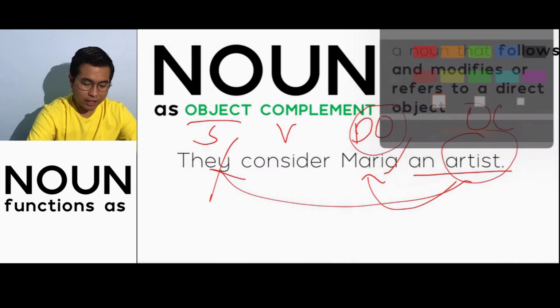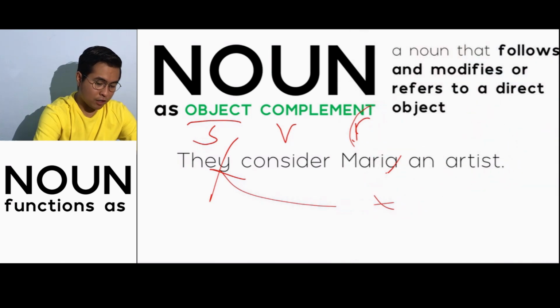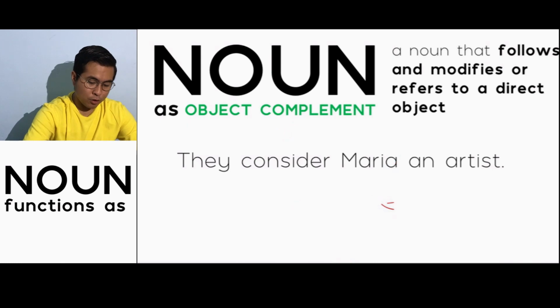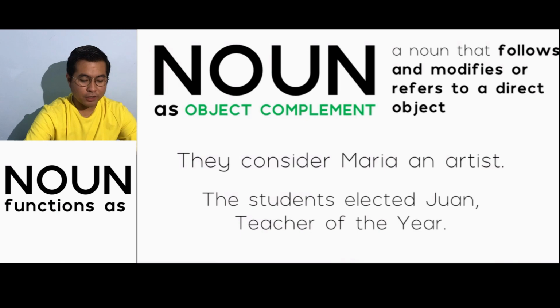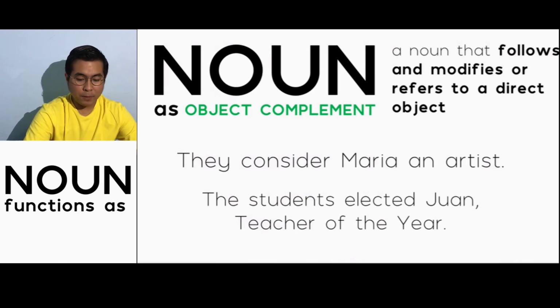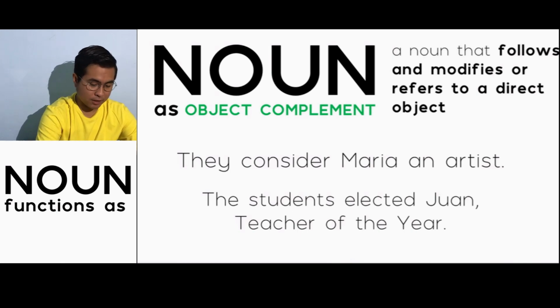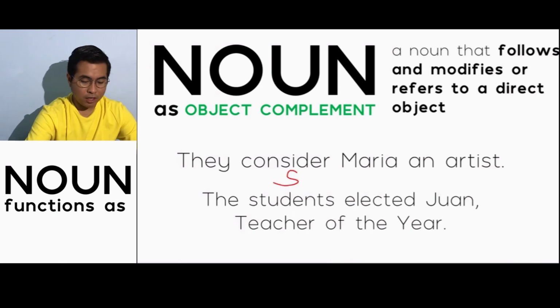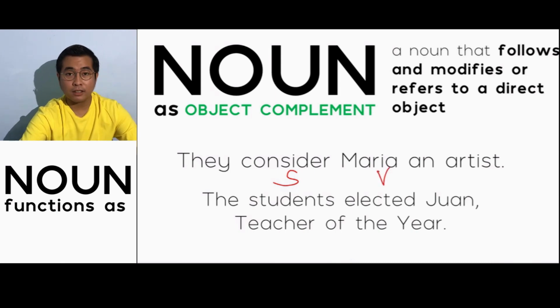Now let's have another example for this one. The next example is, we have the students elected one teacher of the year. So let's go back again. What is the topic, the subject? We have students. Elected, that's their verb, they did that.